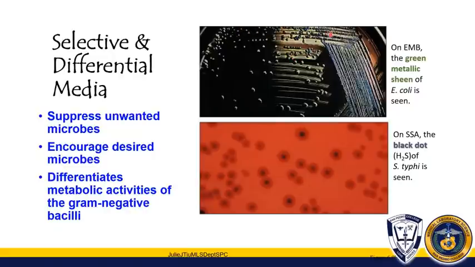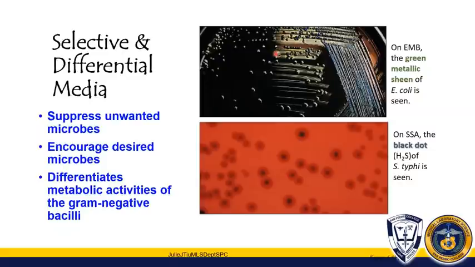And EMB, like I said before, because of the eosin and methylene blue dyes, plus the addition of bile salts, this will inhibit the growth of micrococci and staphylococci, or all other gram-positive bacteria.